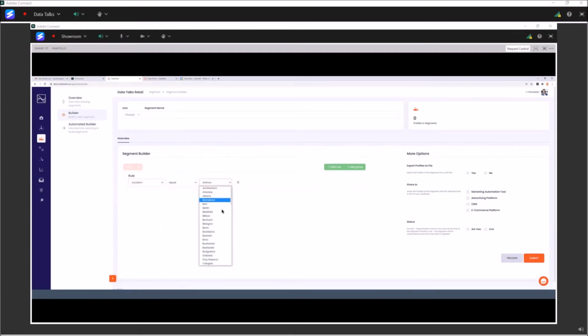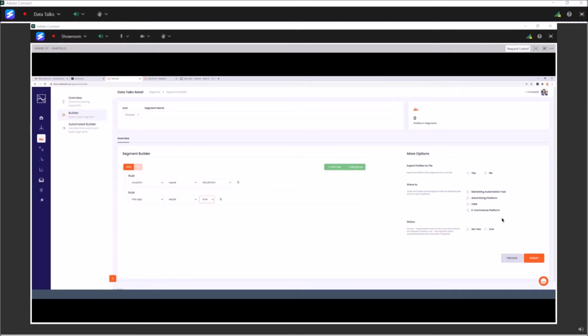We can pick the location, and we can also say that we want people that have the app, and we can create a segment out of it. We can export the segment into a file if we want to process it in a Google Sheet or an Excel sheet. We can share it to an external system so that you can act and communicate through your marketing automation tool or your advertising platform or so on.